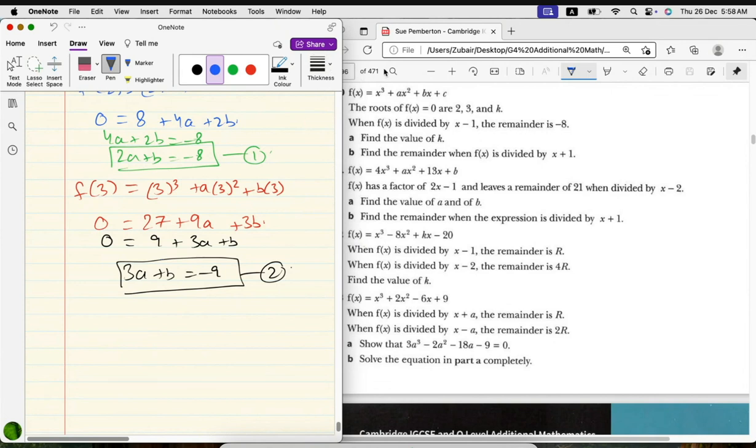Yes, with the information given that k is a factor.